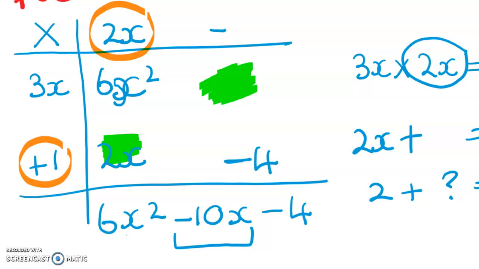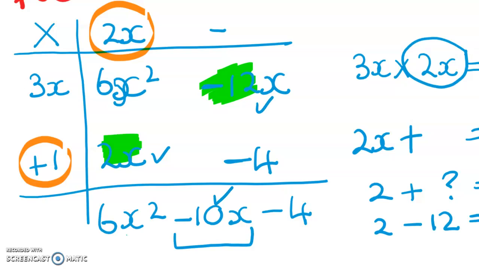Because 2 minus 12 equals minus 10. Now you might be saying, hold on, you're saying 2 plus something. Plus and minus gives you minus. I need to get down to minus 10, so I'm subtracting 12. So up here is going to be minus 12x. So as we stand, lads, 2x minus 12x gives me minus 10x.